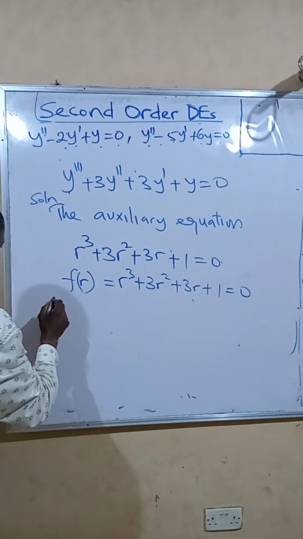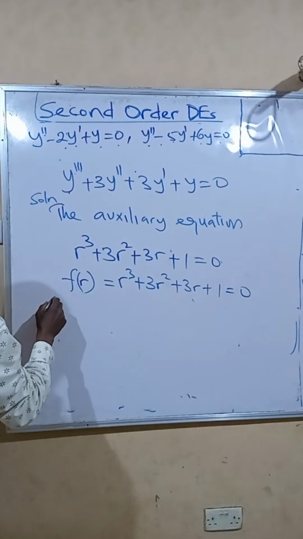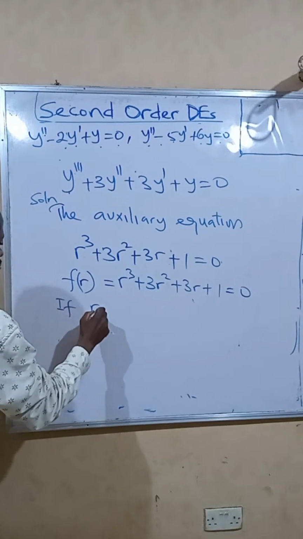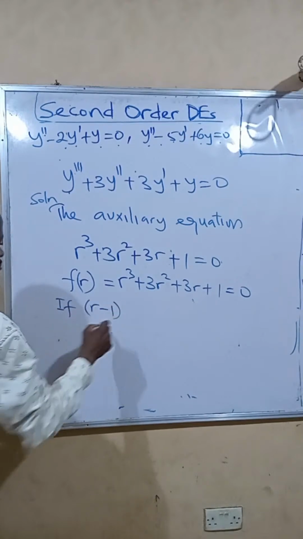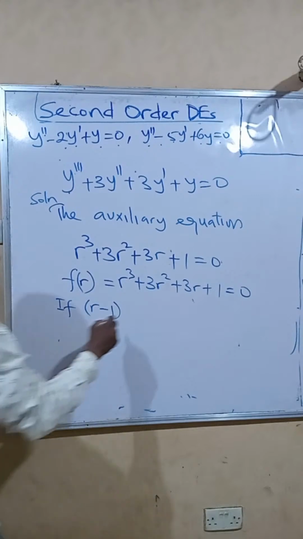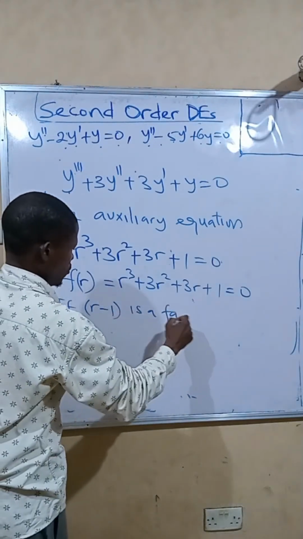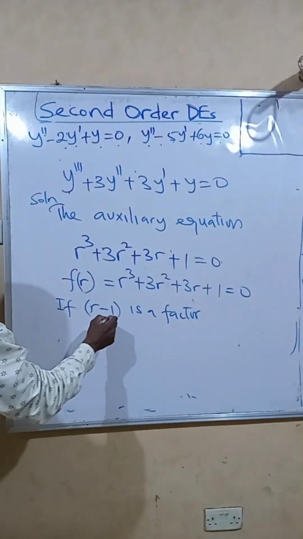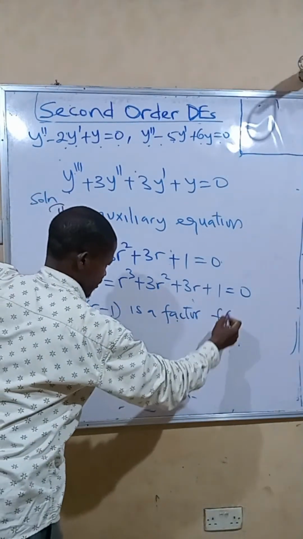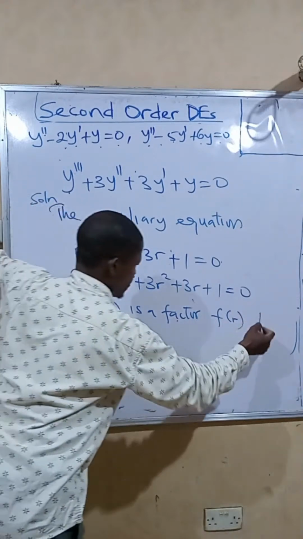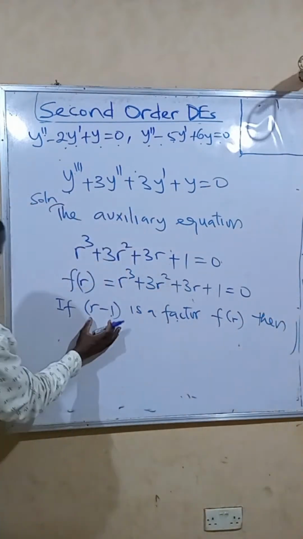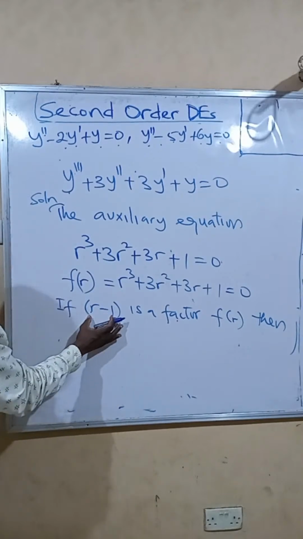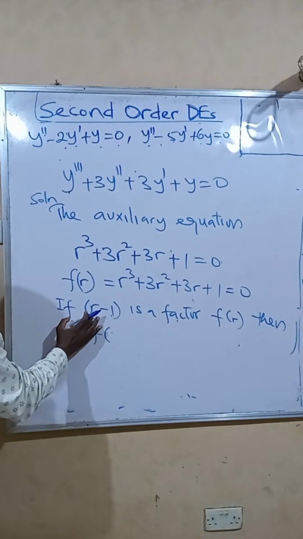And factor theorem says that if r minus 1 is a factor of this, then if you equate this one to 0, r will be equal to 1.